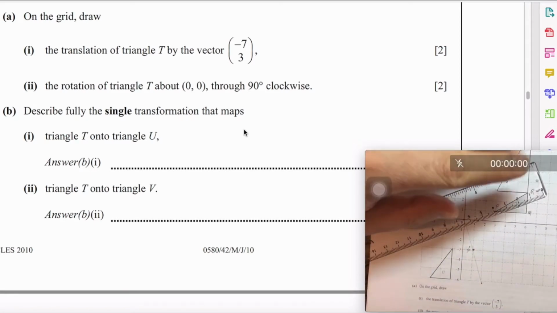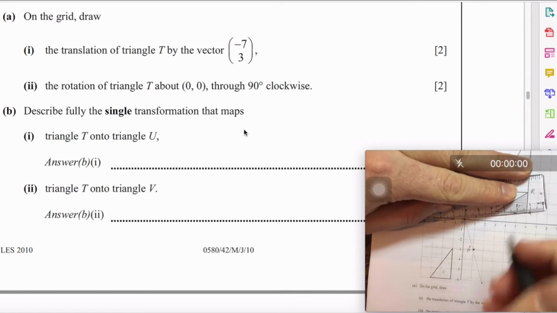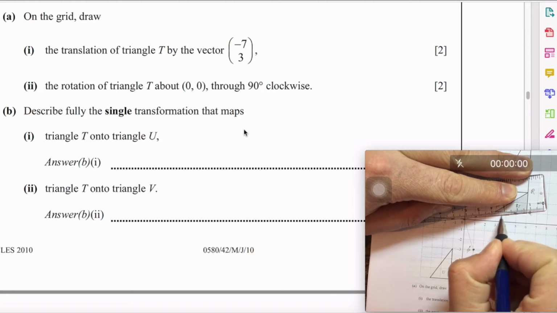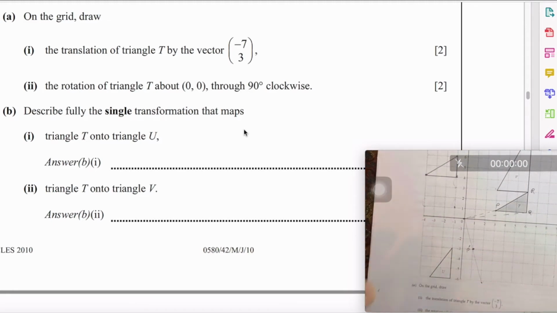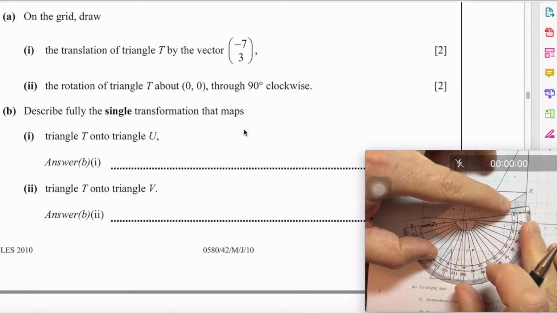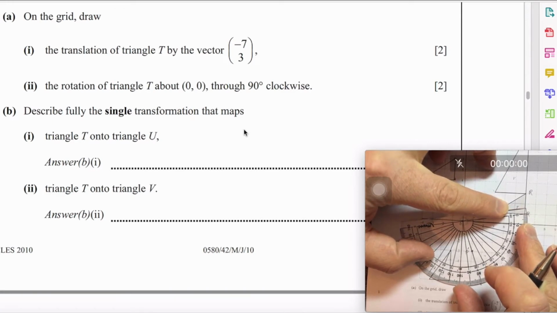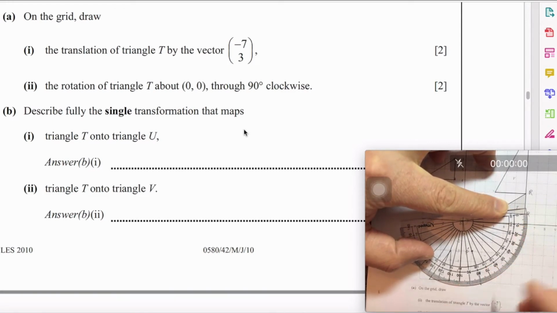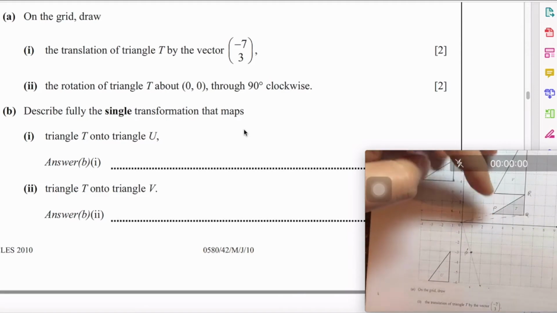Now I repeat the same step for Q. So it should again make an angle of 90 degrees between that line and the center of rotation. So 90 will come here.